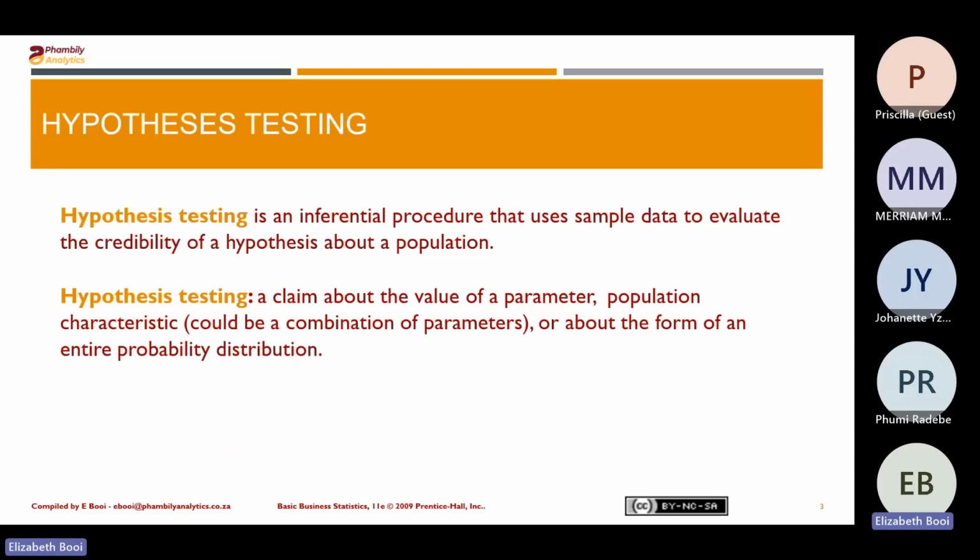That is why inferential statistics is about inferring your decisions from your sample statistics to your population. It is what the researcher claims or what the researcher wants to prove.